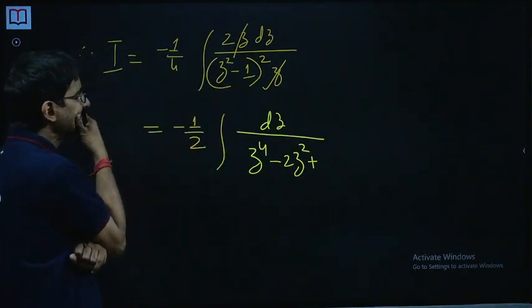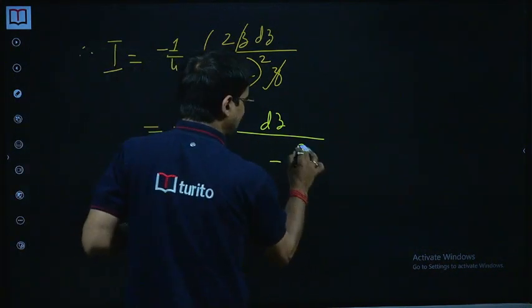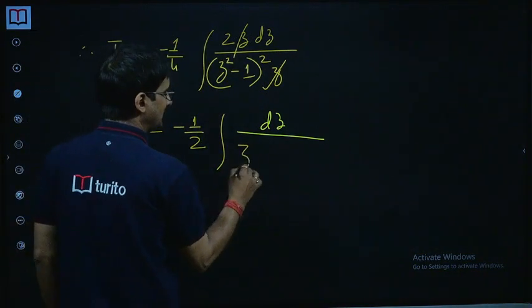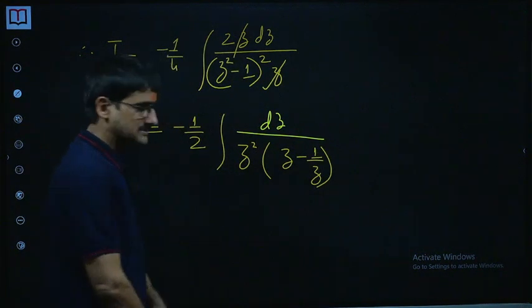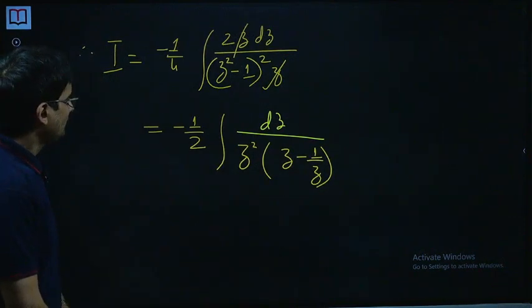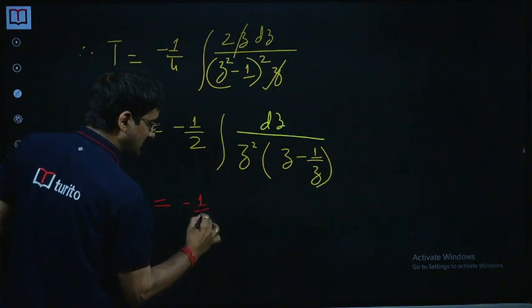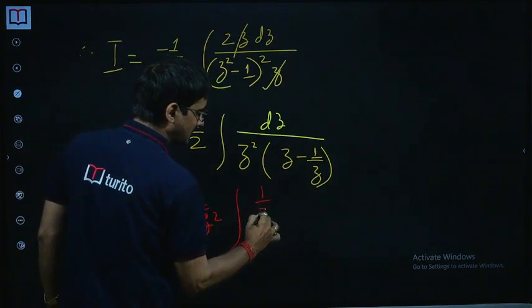Why shall I write it in this form when we already have a perfect square? I will like to take z common here, so we will have z square here, so z minus 1 by z, and that's it. So 1 by z square will go to the numerator, so it's minus half, and then it is 1 by z square.